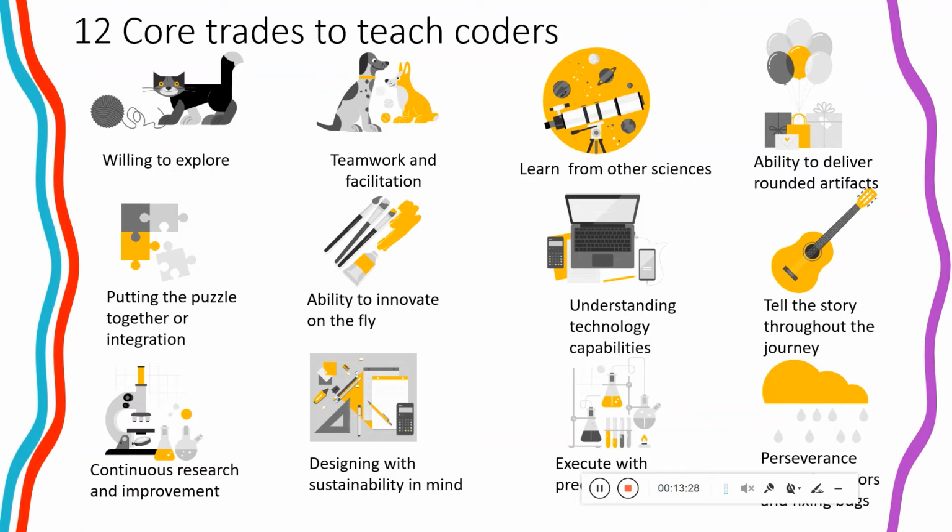So if you apply technology in the scientific field, you also need to understand the scientific processes and the outcomes from those processes. That instils quite a good discipline in terms of the ability to research and the ability to seek improvement.